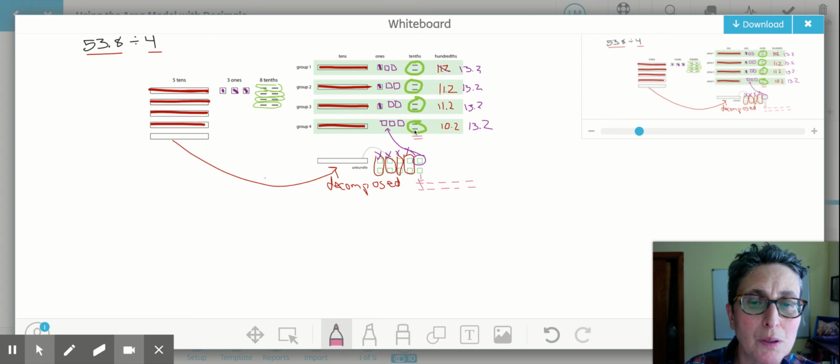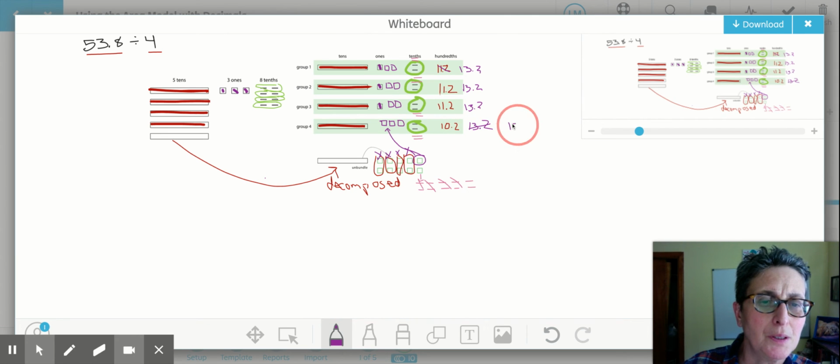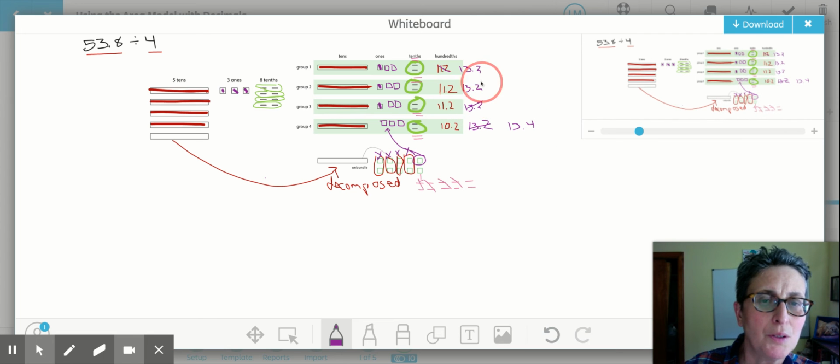That's 1. I can add 2 more there. Can add 2 more here and 2 more here, and that takes care of all of those, which means now we have, wait, it keeps changing. 13 and 4 tenths. And they're all equal. So we have 13 and 4 tenths.